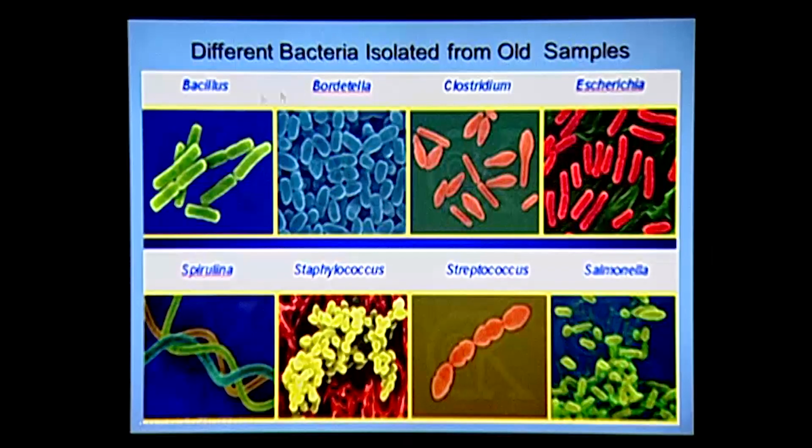These bacteria may include Bacillus, Bordetella, Clostridium, Escherichia, Spirulina, Staphylococcus, Streptococcus, Salmonella, different bacteria. But because of the excessive growth of the fungal spores, we normally do not consider this bacterial contamination, which may always coexist.